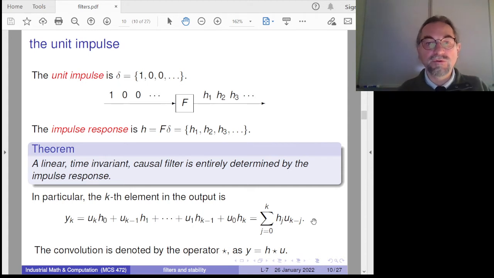So if you know the coefficients of h, and h is again a series, then you can compute the output. Again, this doesn't seem much of a help, because you have to remember a sequence of numbers. The h is a sequence of numbers that stretches on forever. How is this helpful here?